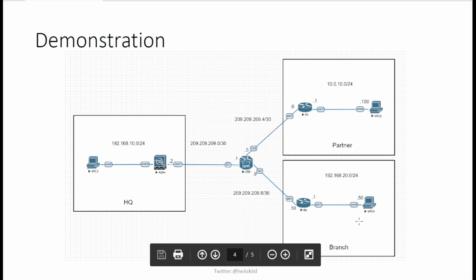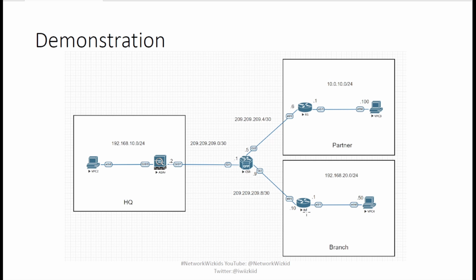And then we'll finish off by using our virtual PCs at each site to ensure that we can get across that tunnel to establish that communication. And then lastly, we'll finish off with just verifying that those tunnels are created and verifying the configuration as well.